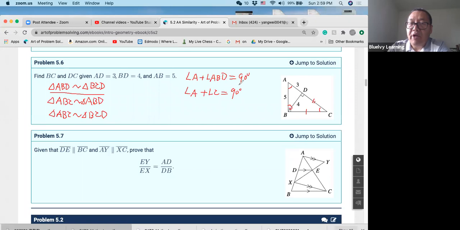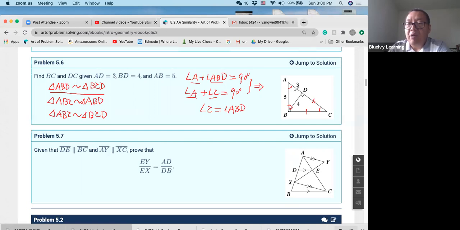So then you compare these two equations. Here we can get angle C equals angle ABD. See, this angle A plus this angle, and angle A plus angle C, always give you 90 degrees. So that means this angle should equal this angle. This angle C equals this angle ABD.